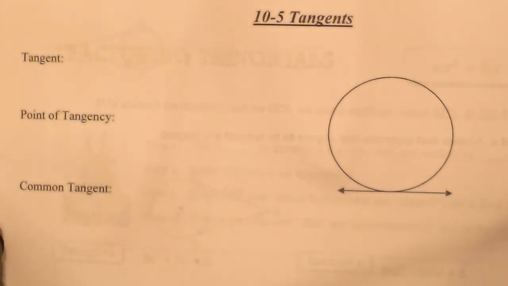A tangent is a line in the same plane as a circle that intersects the circle at exactly one point.